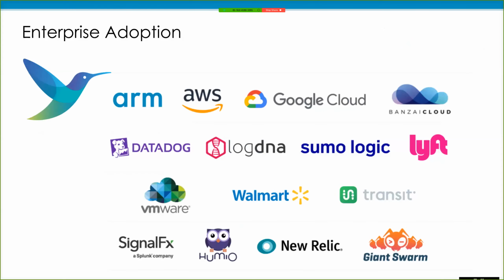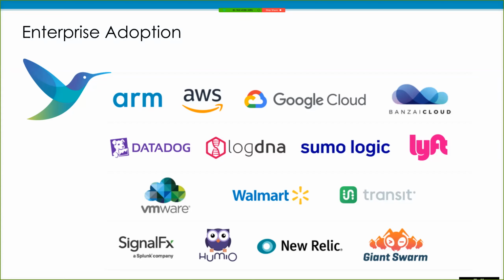And in the enterprise, we can say that most of the biggest companies are using Fluent Bit right now. I think that as a team, we are pretty proud of it. So we have logistics companies like, for example, Lyft, Transit, we have cloud providers like AWS, Google Cloud, Bankside Cloud. We have Walmart using Fluent Bit, now New Relic, Giant Swarm, Humio. So for us, having all these companies adopting the technology is really important, because it also means that the ecosystem of Fluentd is growing and passing a part to the Fluent Bit ecosystem.